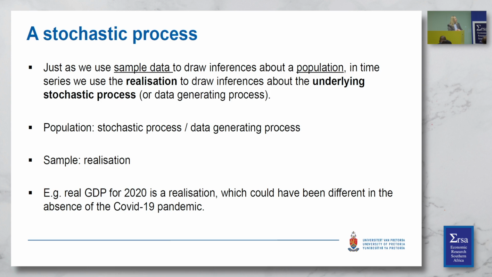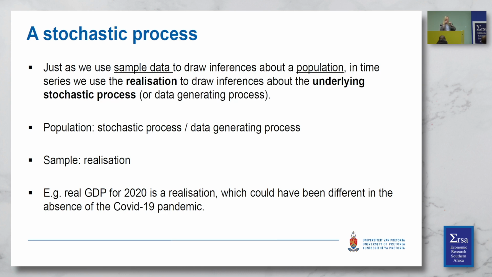So, just as we sample data to draw inferences about a population, that realization, the actual number that we then observe, we use to draw inferences about the underlying stochastic process, and we like to talk about that as a data generating process.